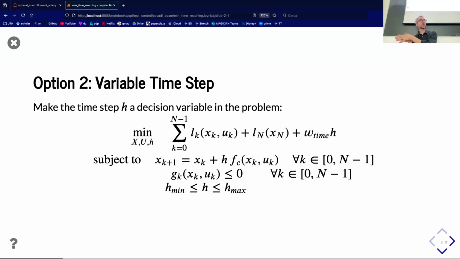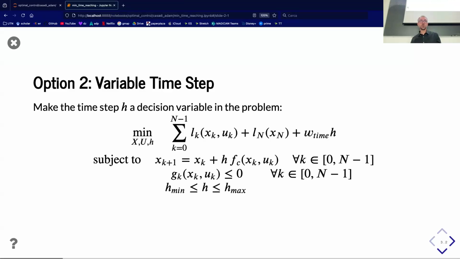And then in the MPC controller, the time step would be fixed. But here you could make it variable. Basically that's the idea: make the time step a decision variable of the problem.